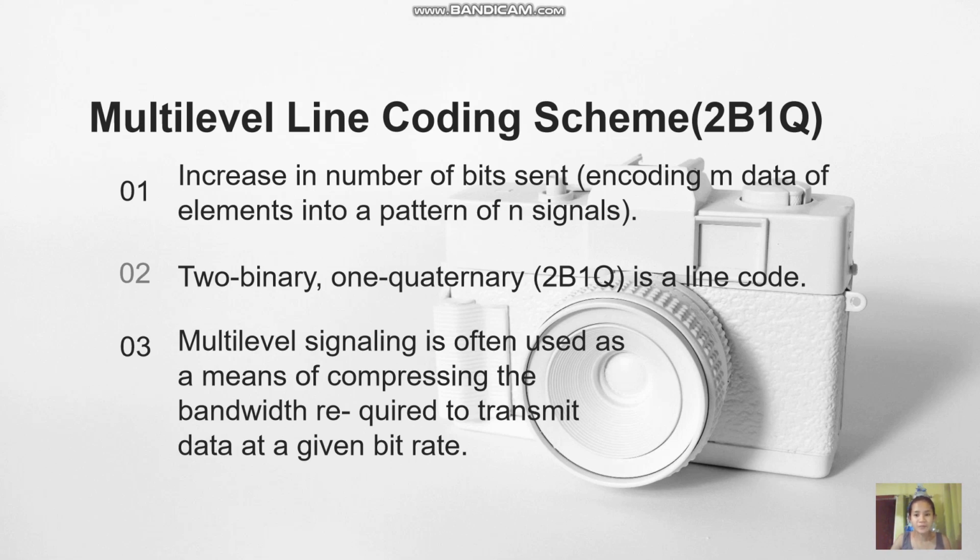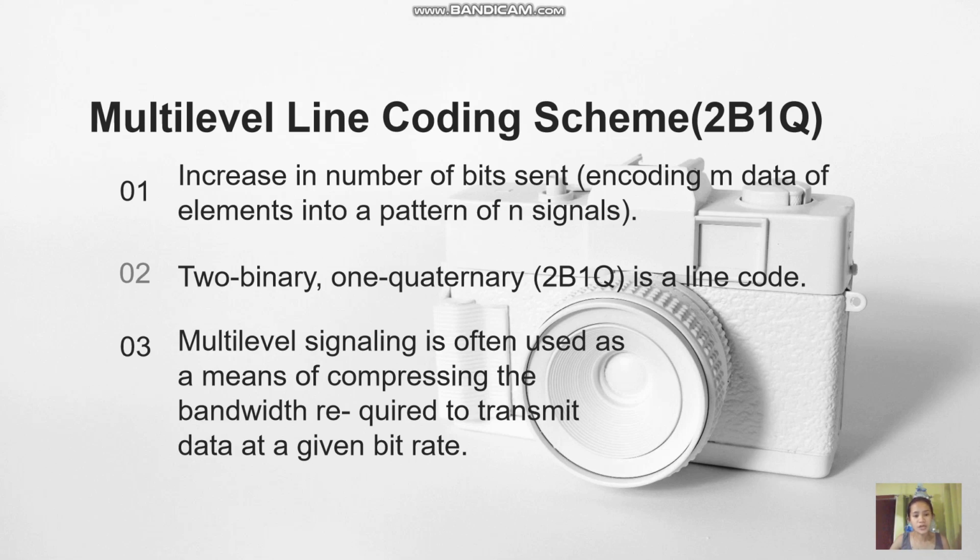So encoding m data elements, where a data element is the smallest information, like the bits, into a pattern of n signal elements, where a signal element is the smallest signal unit. For 2B1Q, it's two binary, one quaternary. That's how we are going to read it.